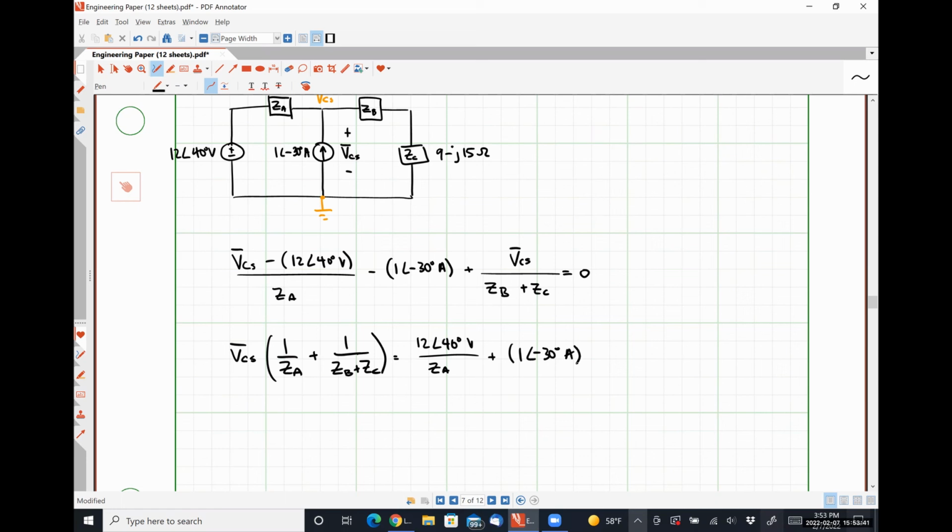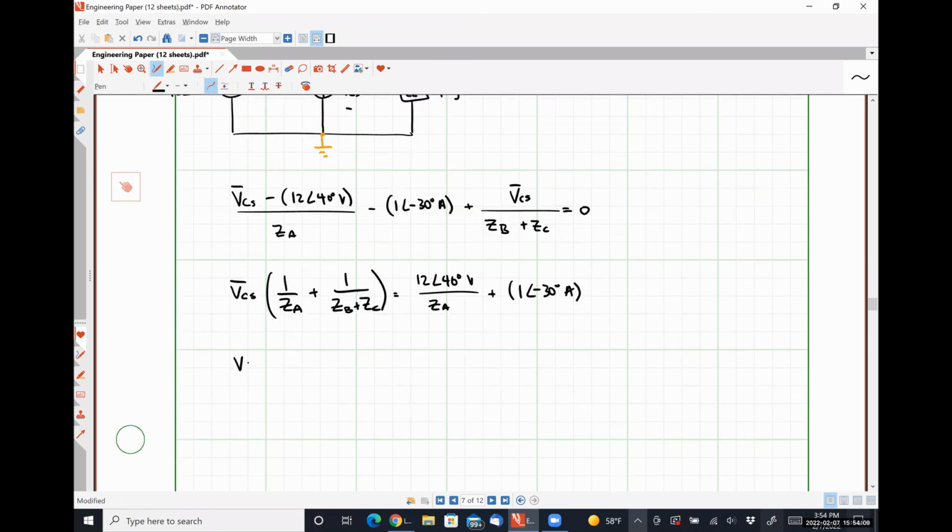Now, when I divide by 1 over ZA plus 1 over ZB plus ZC, that is the exact same thing as me multiplying by ZA times ZB plus ZC over ZA plus ZB plus ZC. Effectively, the equivalent impedance of those two branches in parallel.